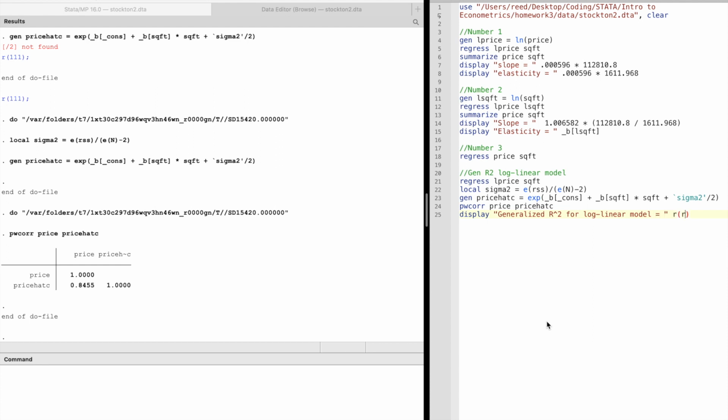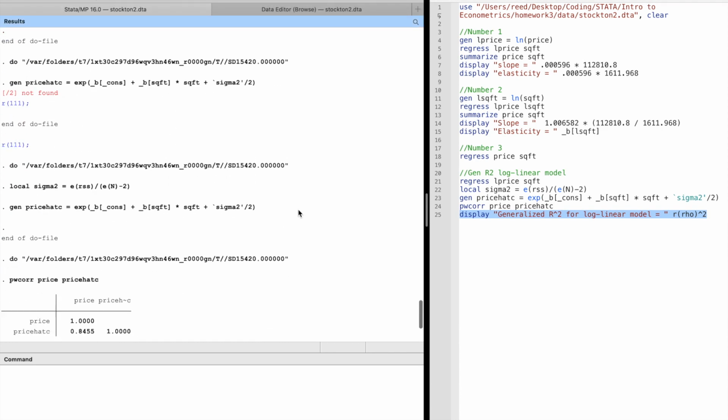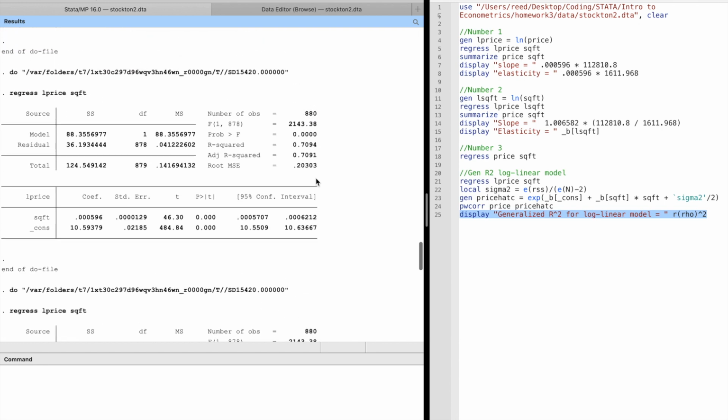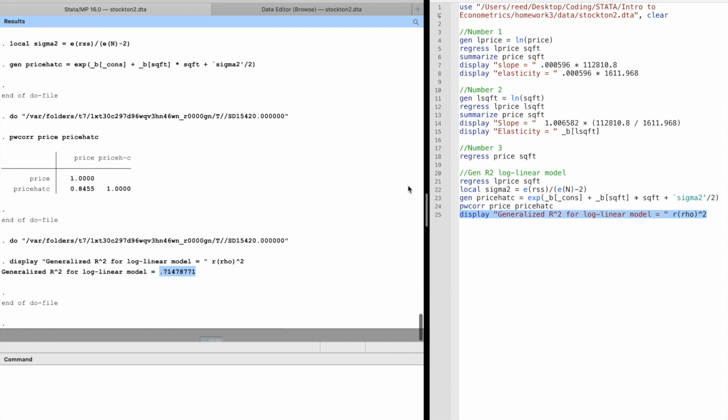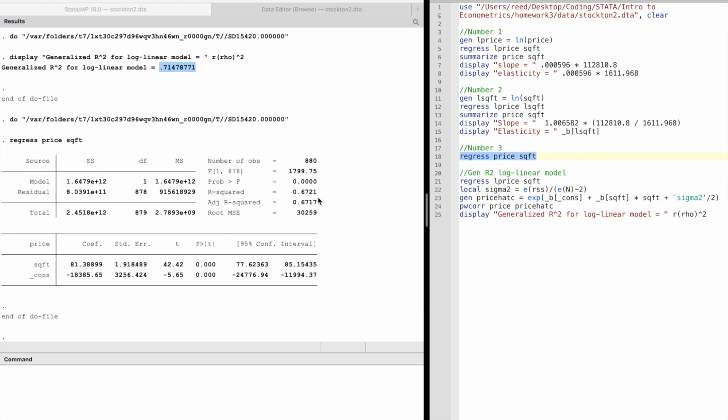So that we get 0.7147. So we can already compare that to our linear model. So if we can't find it, just run it again. And we can tell our r squared is better with the log linear.